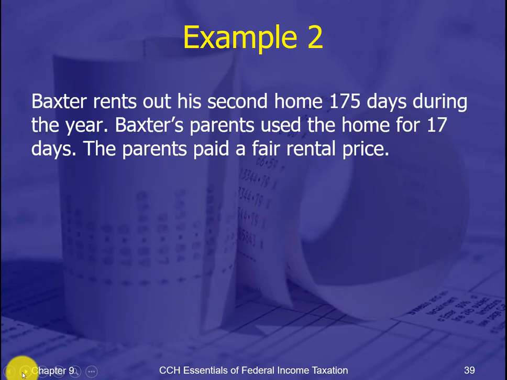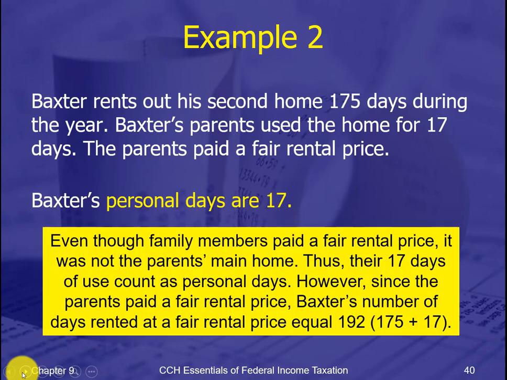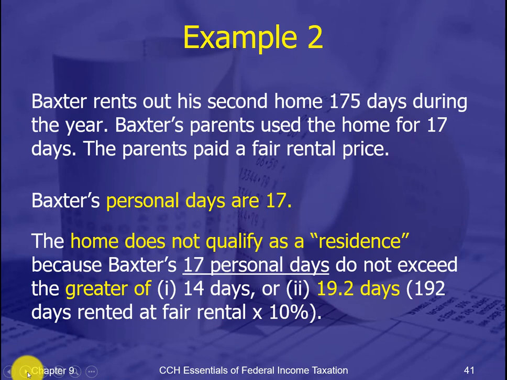Next example: 175 rental days, and the parents use the home for 17. They paid a fair rental price, okay? It's not their main home, therefore their 17 days count as personal days, but they also count in the number of days rented at a fair rental price. So they go on the top and the bottom, or both sides of the comparison.